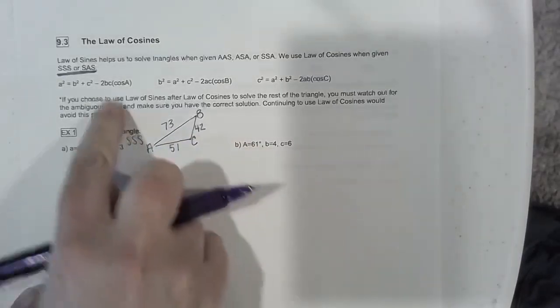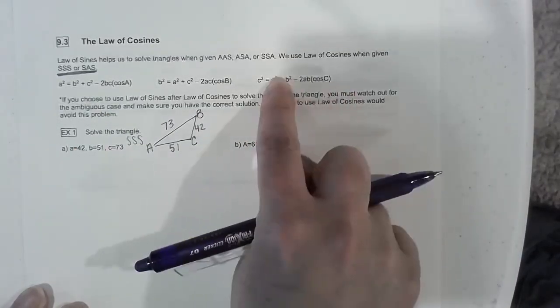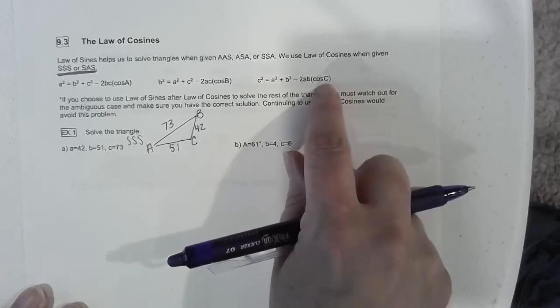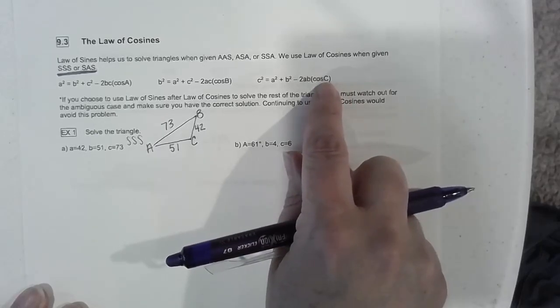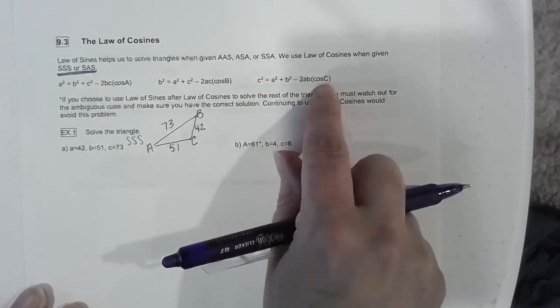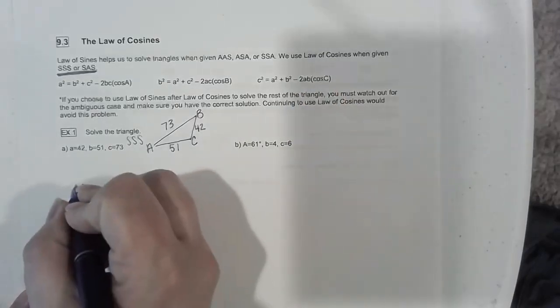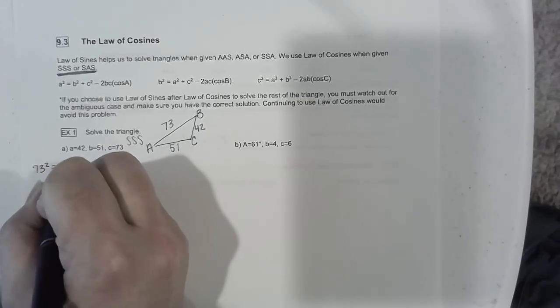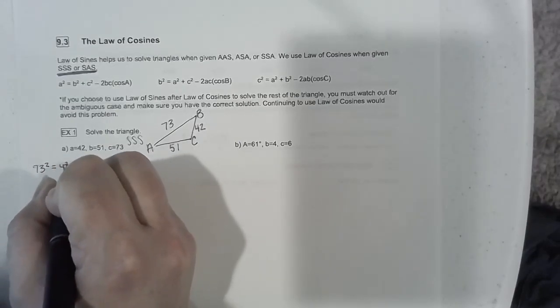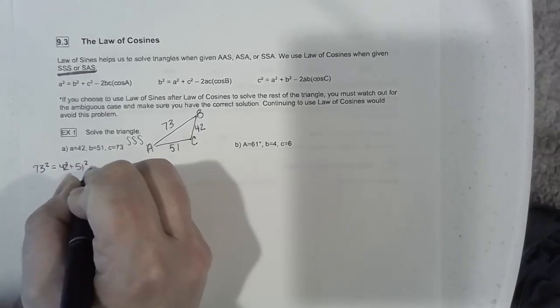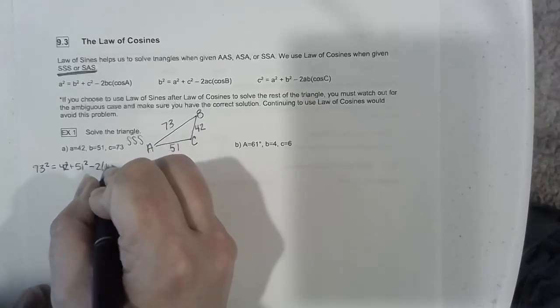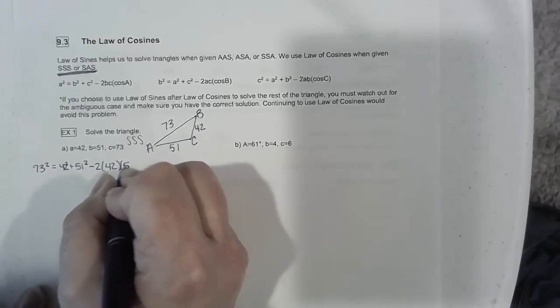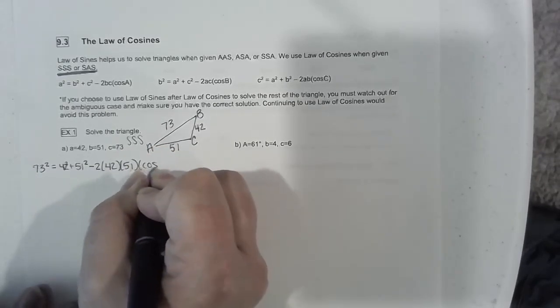So we're going to use this formula right here, the one where c squared is by itself, because c is the biggest side, so therefore angle C should be the largest angle. So 73 squared equals 42 squared plus 51 squared minus 2 times 42 times 51 times the cosine of angle C.